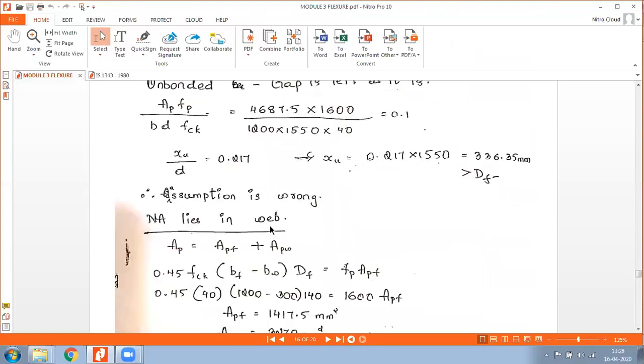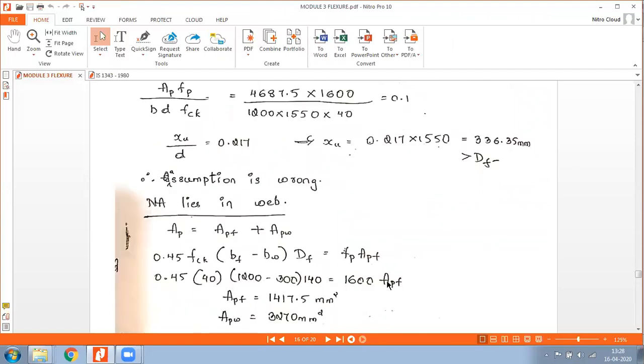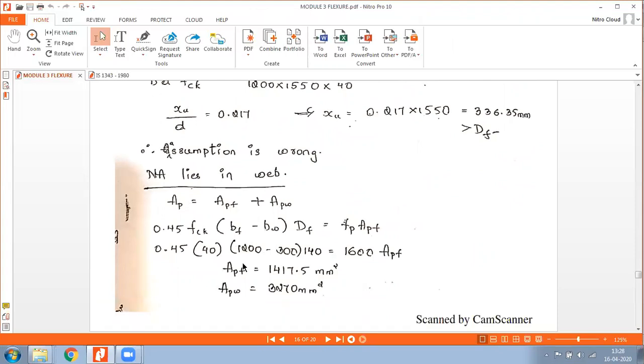Neutral axis lies inside the web. Now we need to calculate the Apf value by equating compression with the tension. On simplification, we get Apf as 1417.5 mm square. If Apf is known, we can calculate the Apw value. Apw will be equal to Ap minus Apf. Yes, we got the Apw value as 3270 mm square.